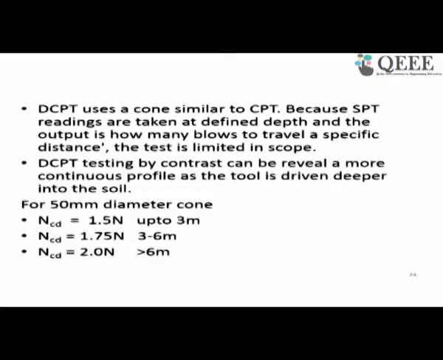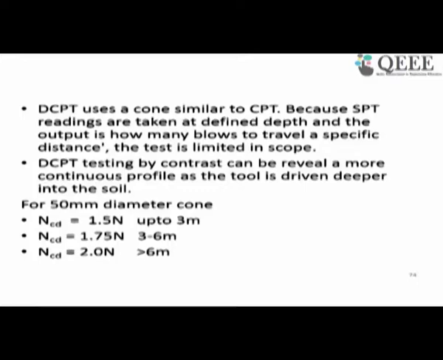But in the case of DCPT, it is more continuous information and you get a deeper depth. You can penetrate to a deeper depth and get more details of the continuous soil profile. So it is much more versatile compared to SPT in that sense, because it is giving continuous information.